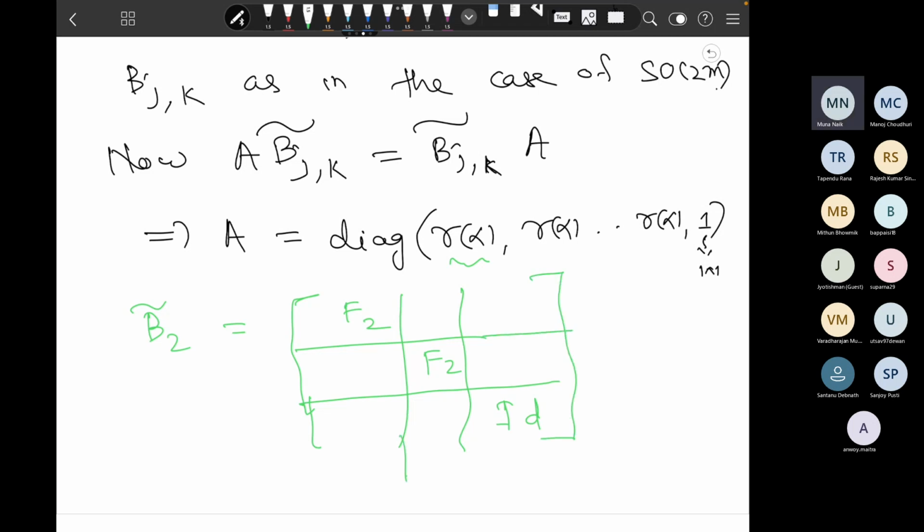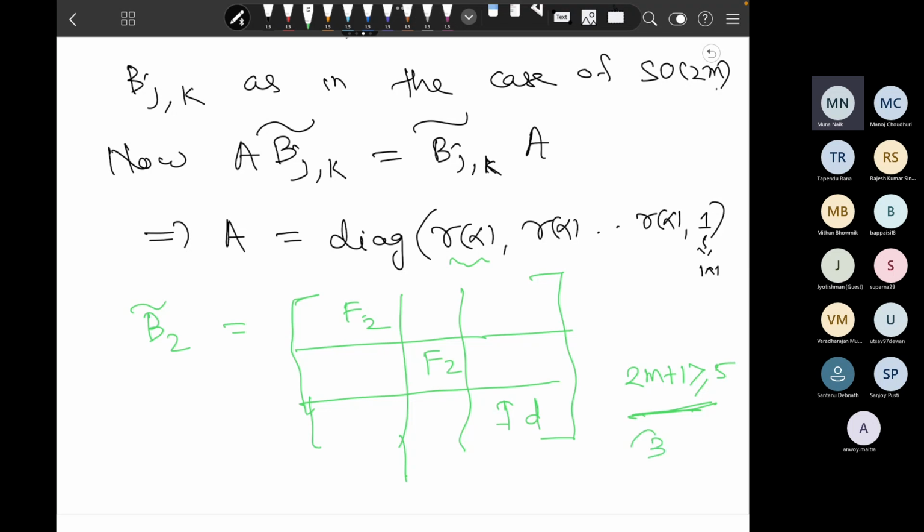But the moment I choose 2 F2, you have to assume that the dimension of the space, 2m plus 1, has to be greater than or equal to 5, because we are accommodating 2 F2 there.